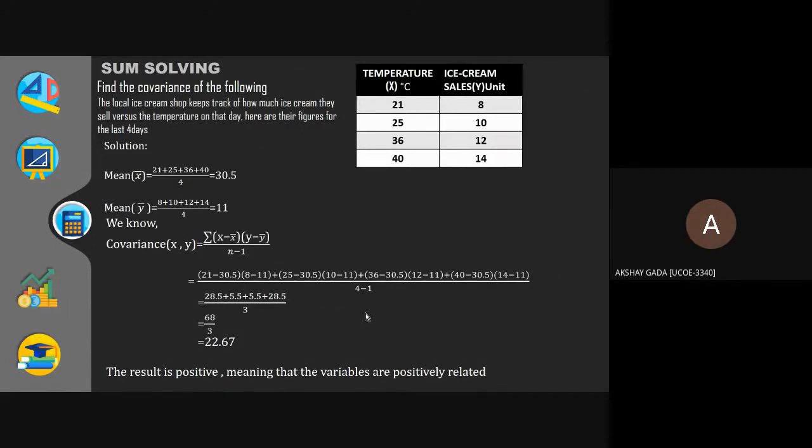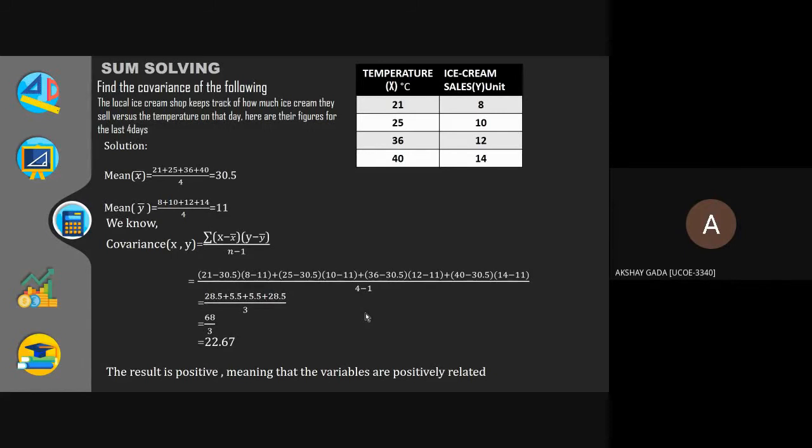As we know, the formula of covariance is the summation of (x minus mean of x) into (y minus mean of y), whole divided by n minus 1, where n is the number of variables, which will be further simplified as (21 minus 30.5) into (8 minus 11) plus (25 minus 30.5) into (10 minus 11) plus (36 minus 30.5) into (12 minus 11) plus (40 minus 30.5) into (14 minus 11).